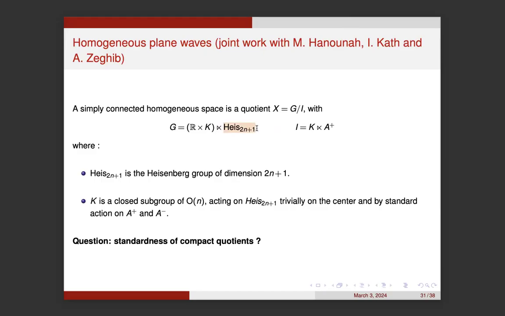We find the Heisenberg group of dimension 2n+1, but we have more. We have some subgroup of the orthogonal group, and an extra one-parameter group. So this is the isometry group of a simply connected homogeneous plane wave, not any space, of course. This is the isotropy.